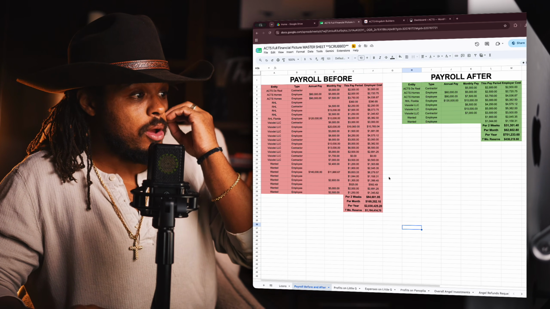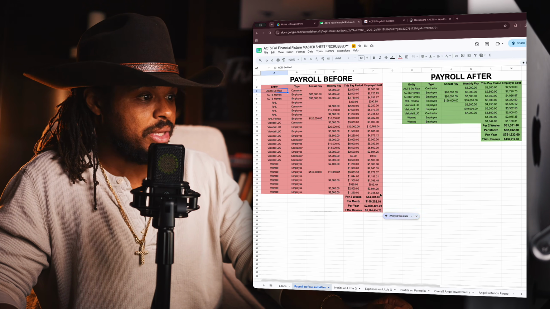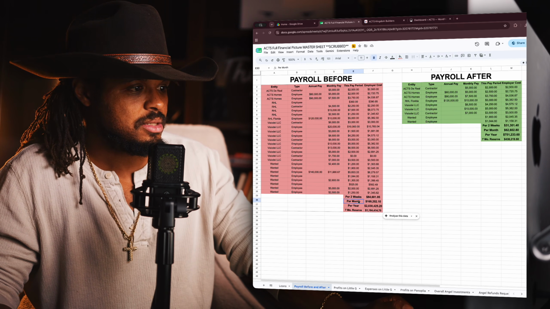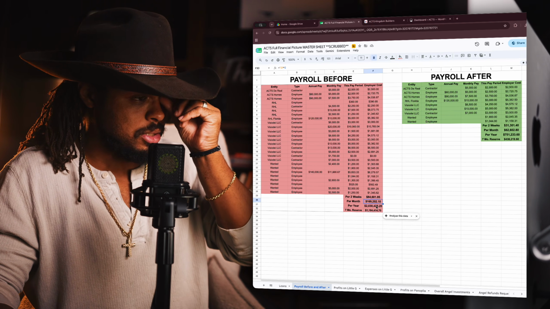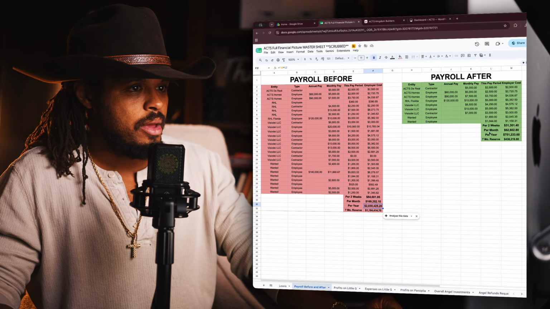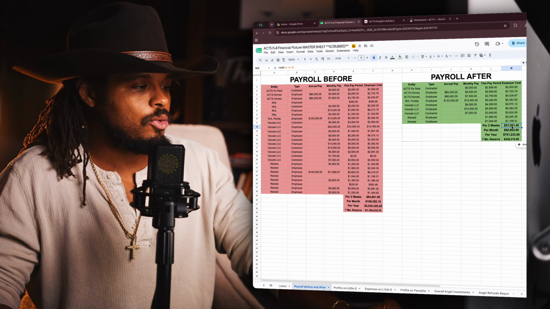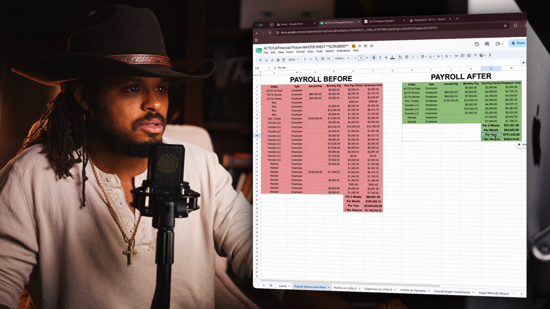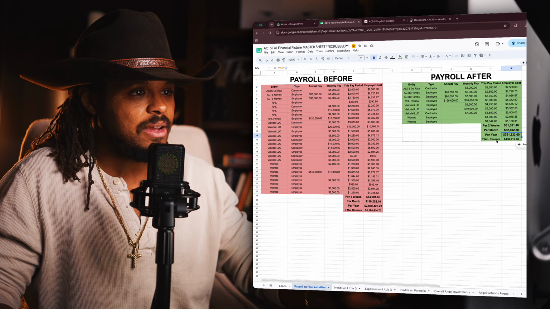We went from about 26 employees that were getting paid about $84,000 every 2 weeks, $170,000 per month, or what would be about $2 million per year, down to just 9 employees that only require $31,000 per 2 weeks and $62,000 per month, or about $750,000 per year, with a 7-month reserve of $438,000.